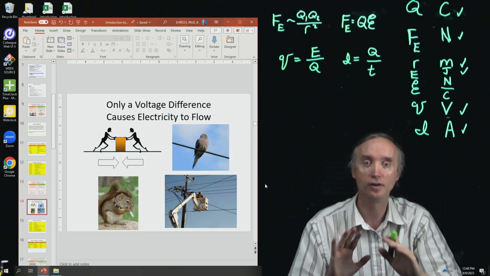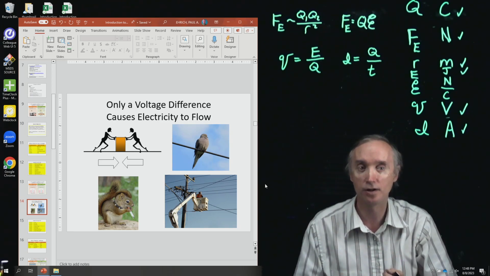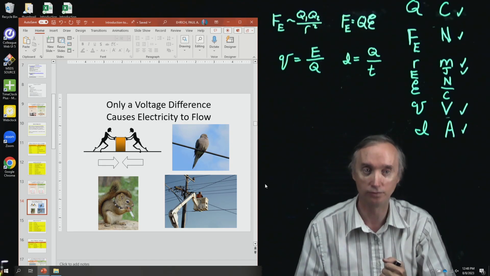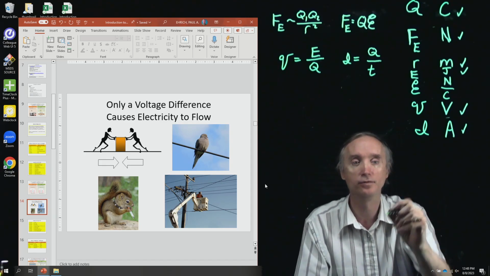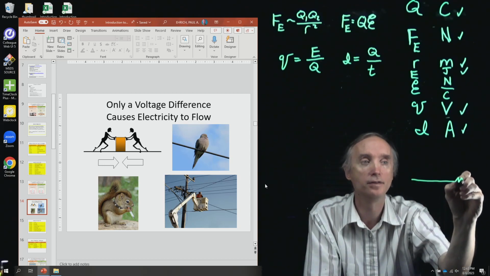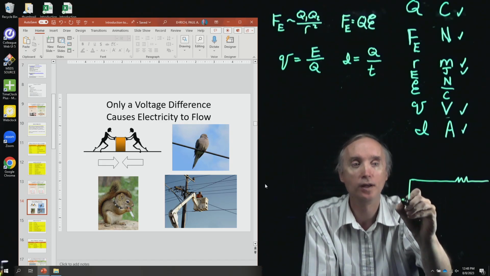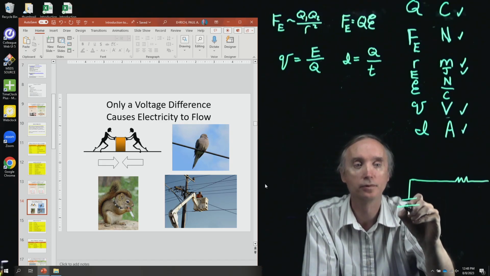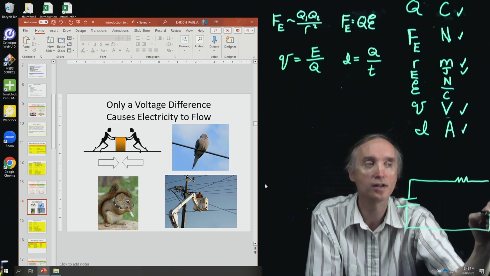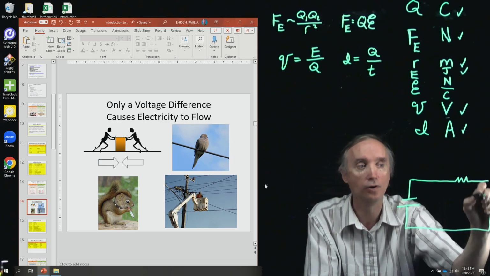Now this is very, very important. It's changes in voltage that cause electricity to flow. So let's say, for example, that you have a wire, and then there's a resistor, and then there's a wire, and then over here we have a battery. Can you tell me what's going to happen if I connect this wire over here?